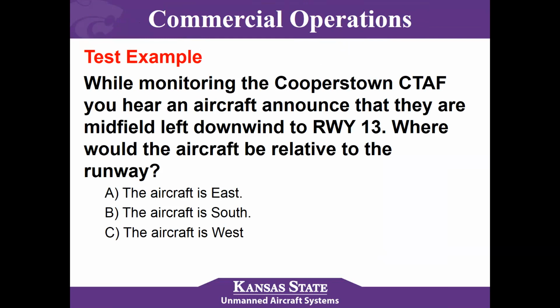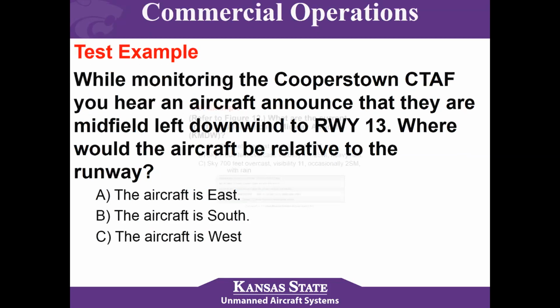What is CTAF? What does midfield left downwind mean? What is runway 13? What direction is that? How do we know which way that's orientated? How do we know where we're at? So there's a lot of information in this simple little 2-line question on how or where we're going to be and whether that's relative to us.